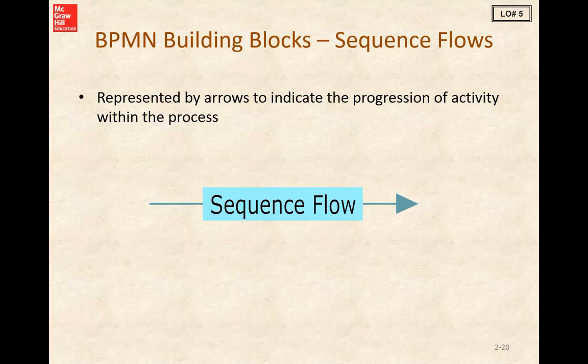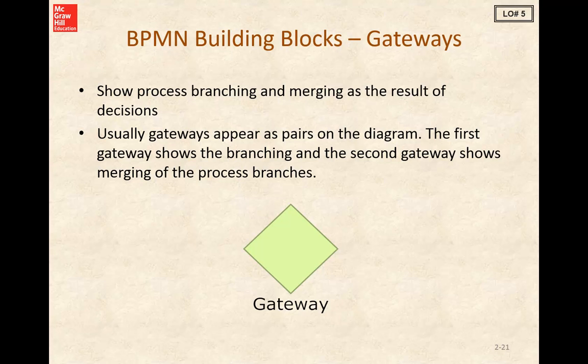Now we're also going to show in our model the sequence flow, which you can see here on the screen, which is represented by arrows to indicate the progression of activity within the process. Also, you might see a diamond within your model, which is commonly referred to as a gateway, and it shows the process branching and merging as a result of a decision.